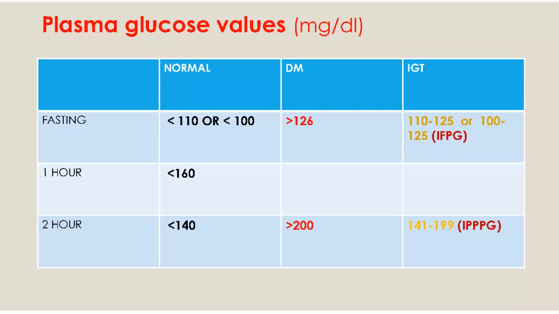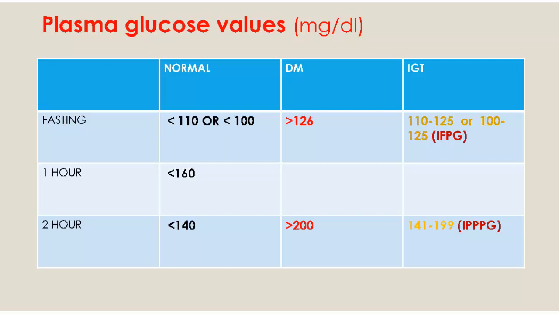And coming to the third row, that is the 2 hour value. In a normal patient, the 2 hour value will be less than 140 milligram per dl. In case of diabetes mellitus, it will be more than 200 milligram per dl. And the in-between value is impaired postprandial plasma glucose value, that is from 141 to 199 milligram per dl.